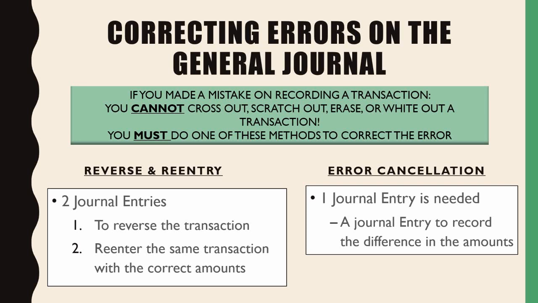If you're writing it down on a piece of paper, you absolutely cannot scratch out, remove, or white out. You can't even take a pen and scratch it out, because that's going to be considered a potential threat of fraud.